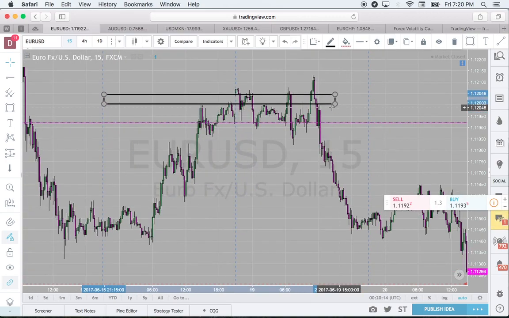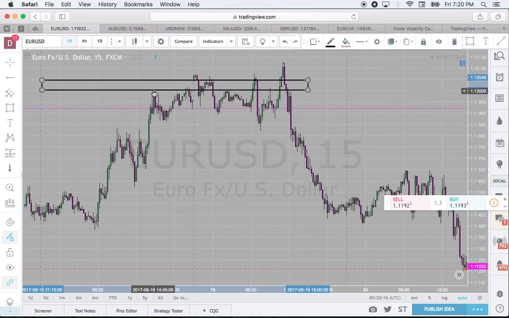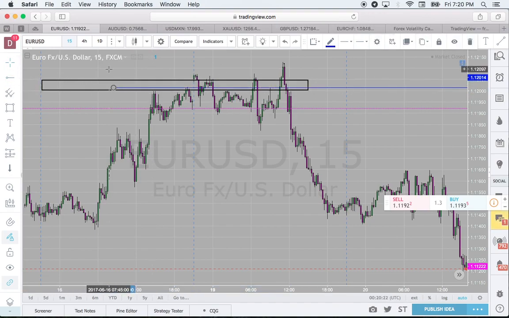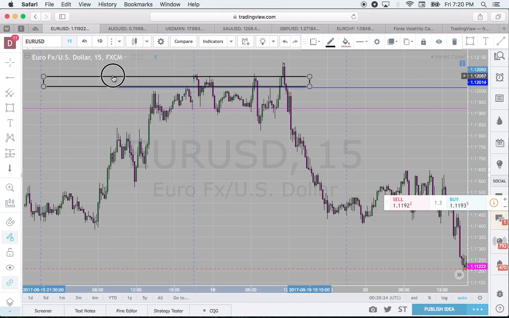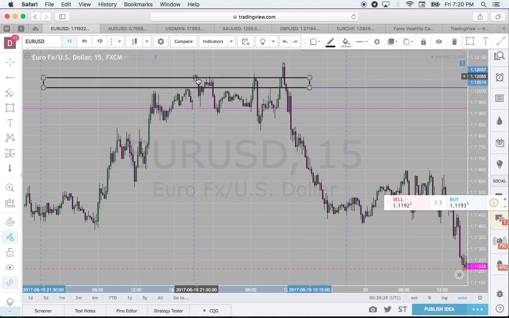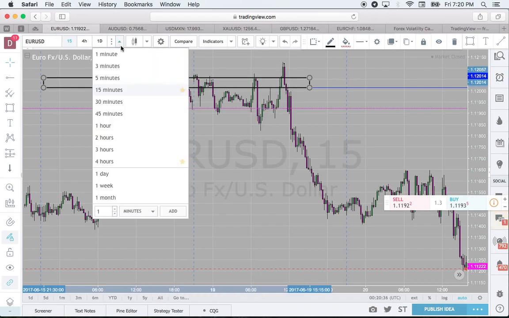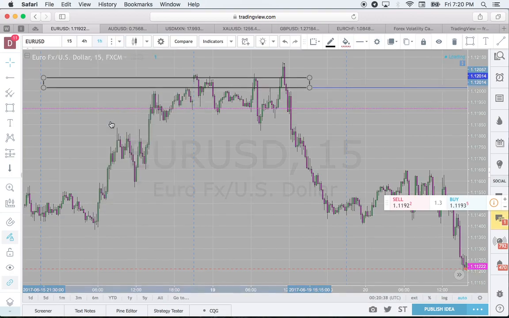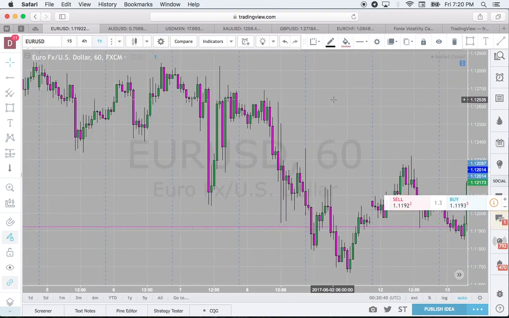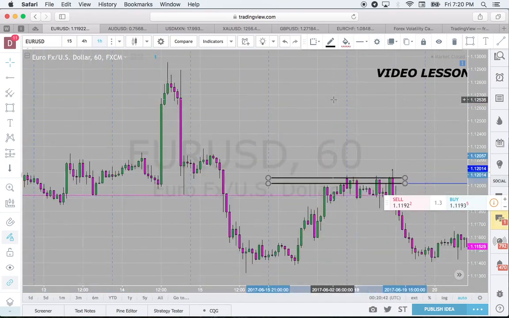So, we can see the high was created, and then the dealer opened the market in that zone above that high and worked the high, spiked the high. But if we look at a higher time frame, we know that the high was not broken.